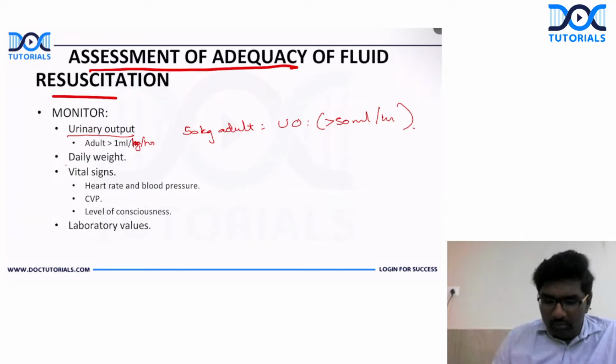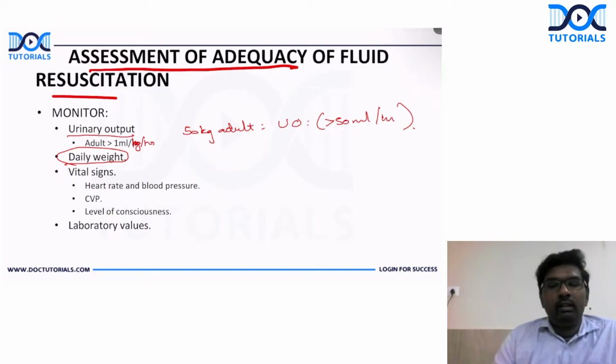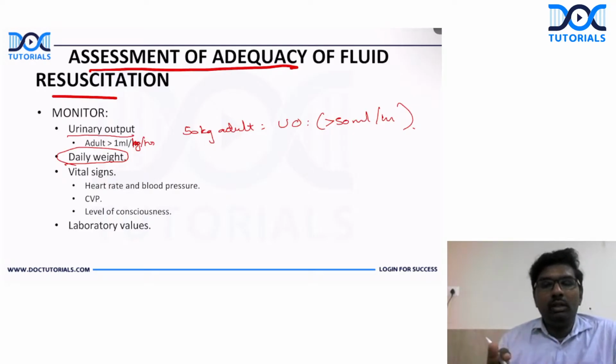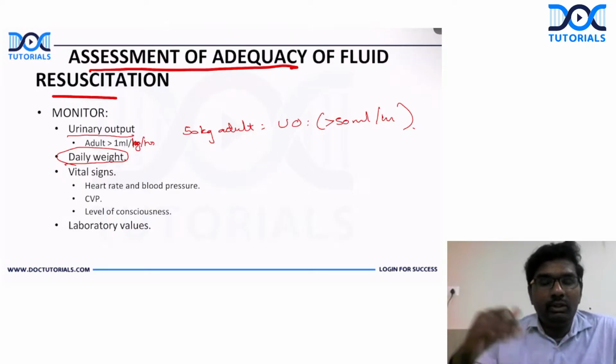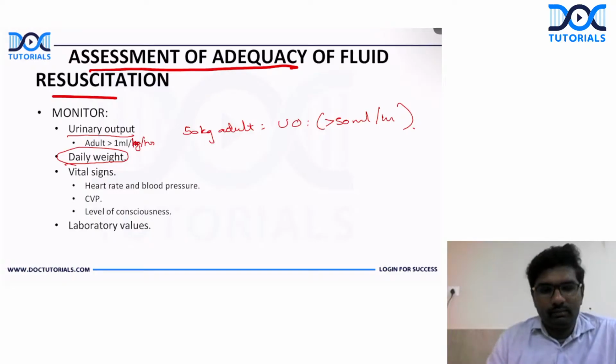And of course, you should measure the daily weight. Burns can cause catabolism. Post the burns, the patient will be in a catabolic state. Daily weight should be assessed to check whether the patient gains weight, so that you're breaking the catabolic chain and getting the patient into an anabolic state.